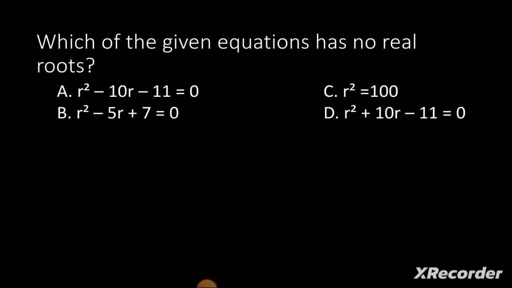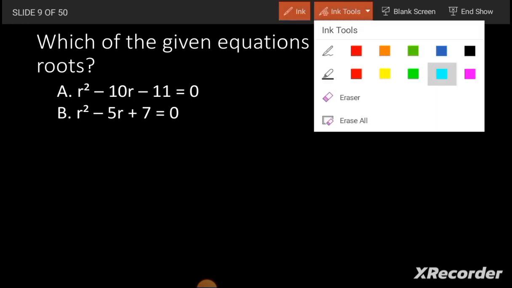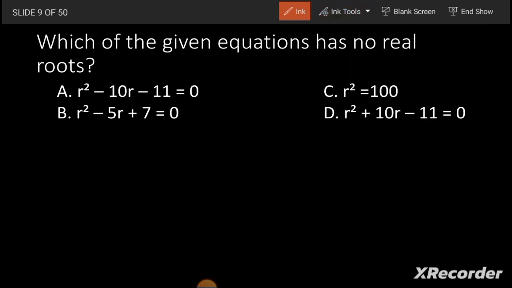Next question. Which of the given equations has no real roots? To identify which of the given equations has no real roots, let's try one by one.